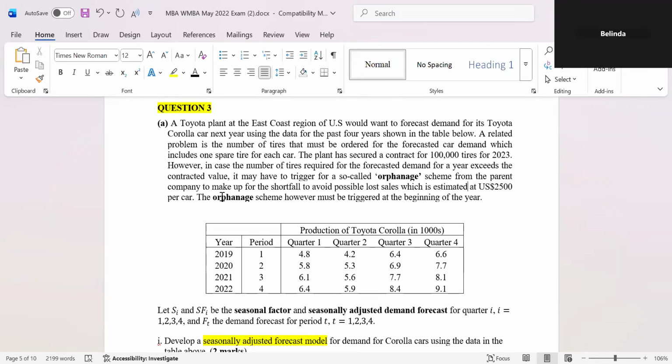In order to avoid a loss of sales, which is estimated at $2,500 per car. Remember, it's per car, because once you don't get the tire, you can't sell the whole car. That is why the cost of the car itself is connected to the tire.